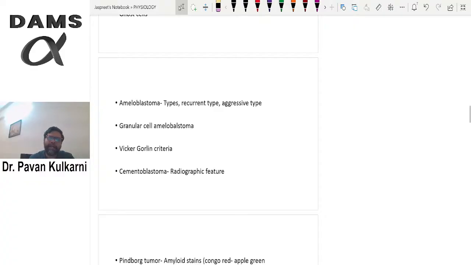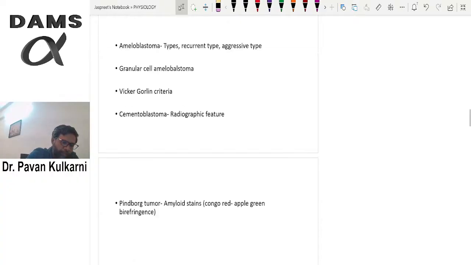Cementoblastoma is the only odontogenic tumor where the patient complains of pain. Usually odontogenic tumors will not have pain. Cementoblastoma is the one where typically a young individual comes with pain, and you take a radiograph and see that in the periapical region there is a radio-opaque mass attached. That is the characteristic of cementoblastoma.